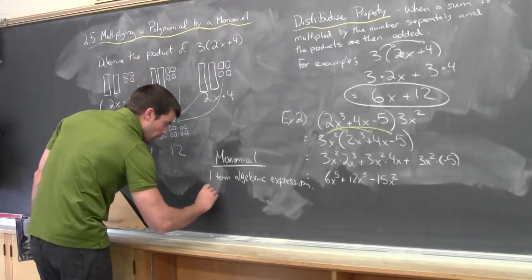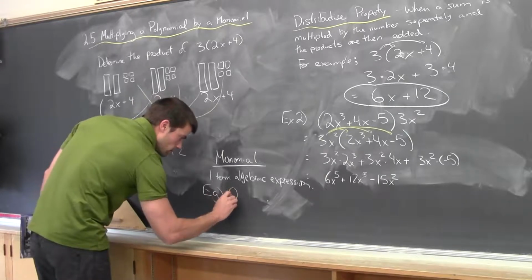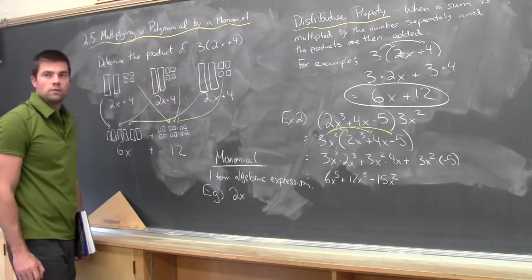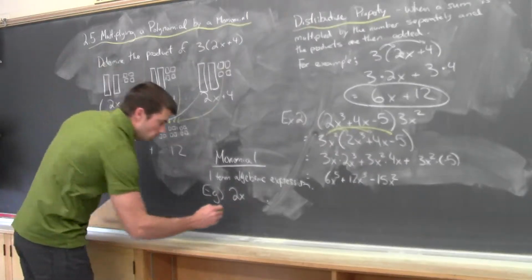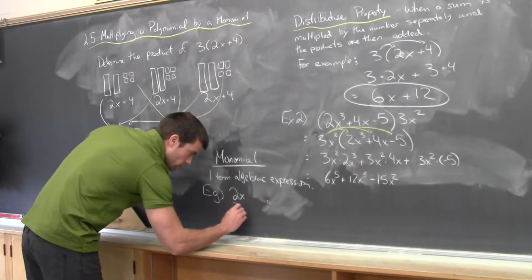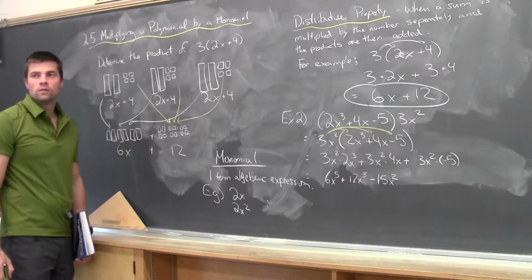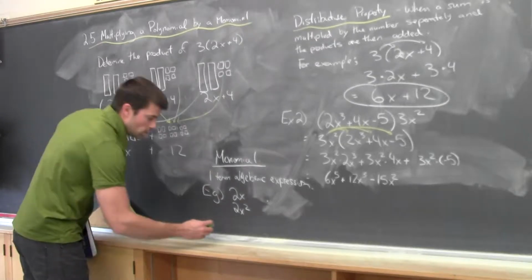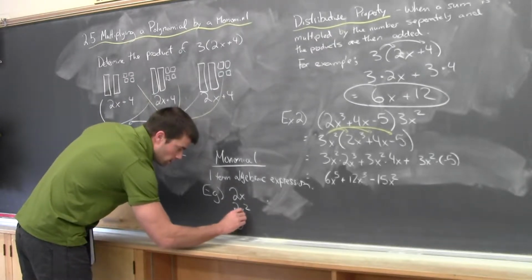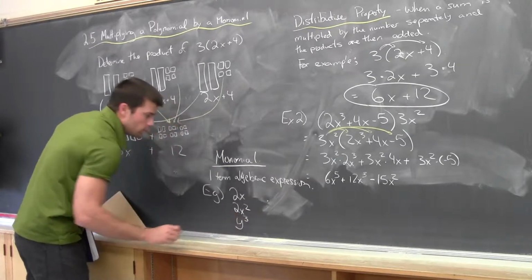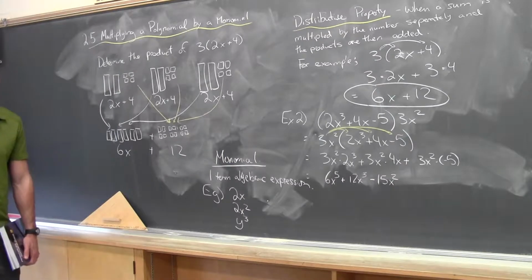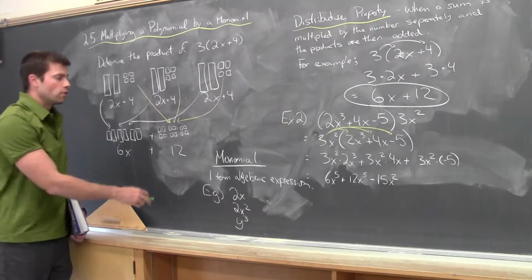So, an example of that would be 2x, or 2x squared, or y cubed. Alright? These are all examples of monomials.